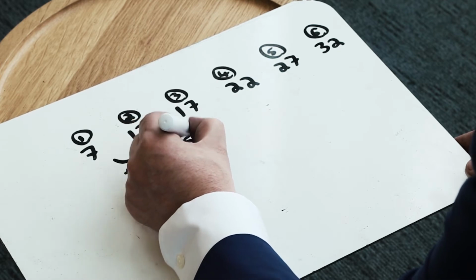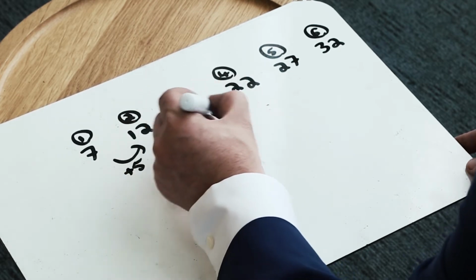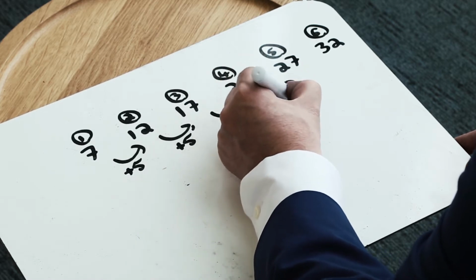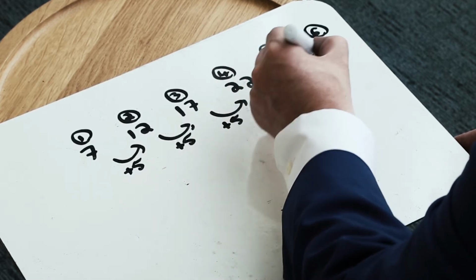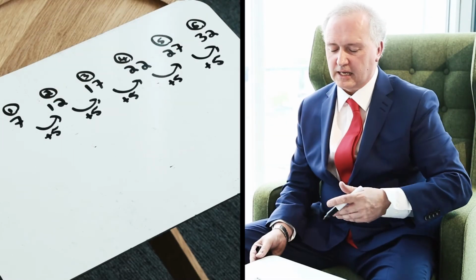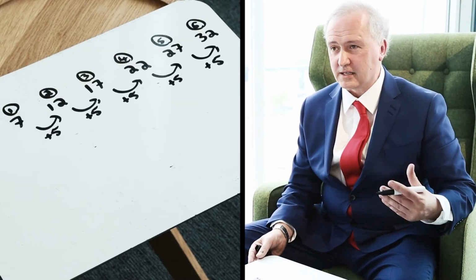From 7 to 12 I have plus 5, and from 12 to 17 I have plus 5. I can see that 17 to 22 is plus 5, 22 to 27 is plus 5, and 27 to 32 is plus 5. So an encouraging start which indicates to me that I have a linear sequence.